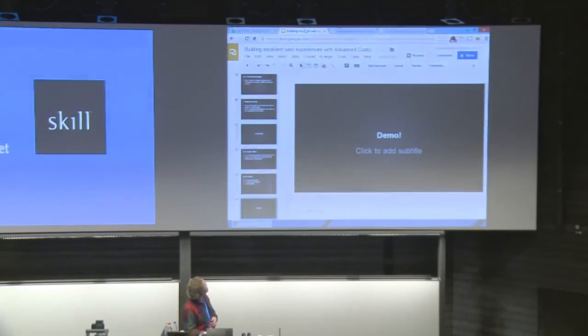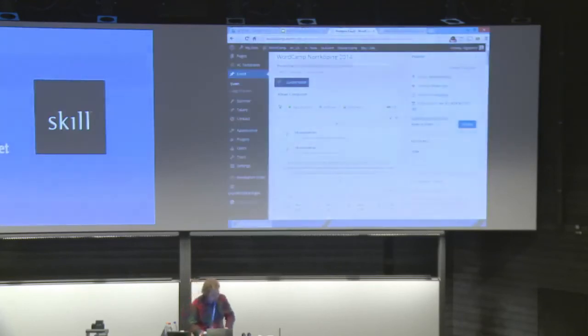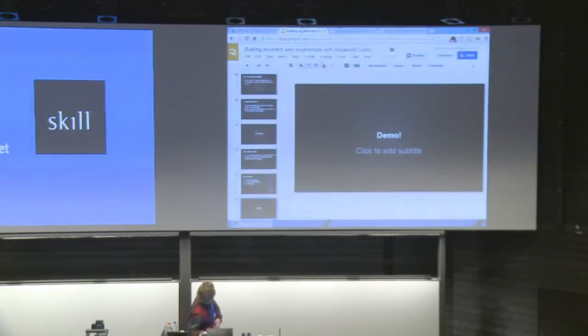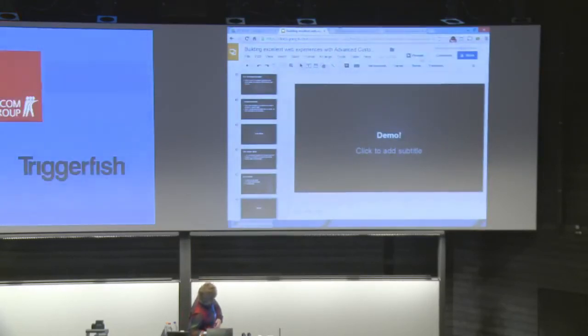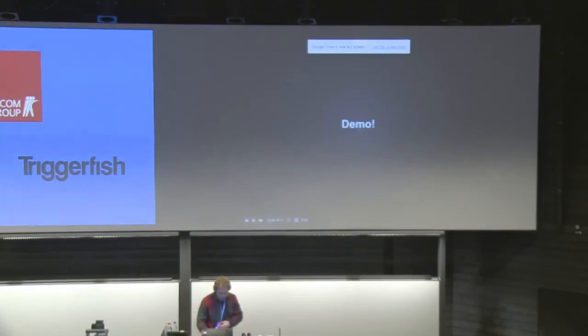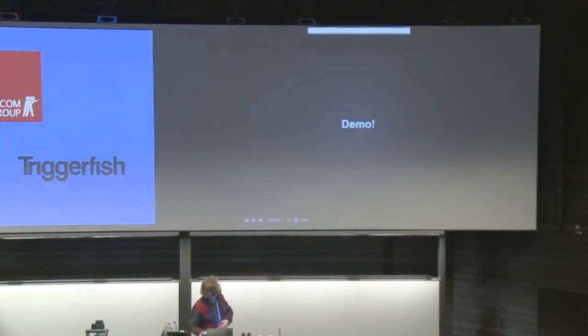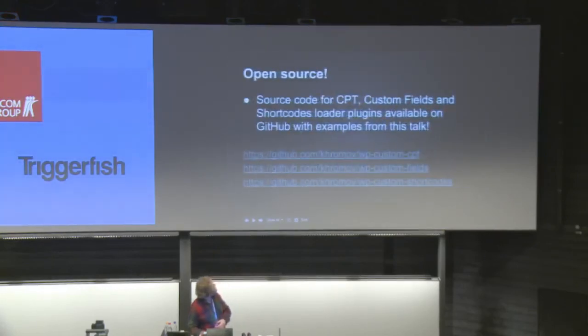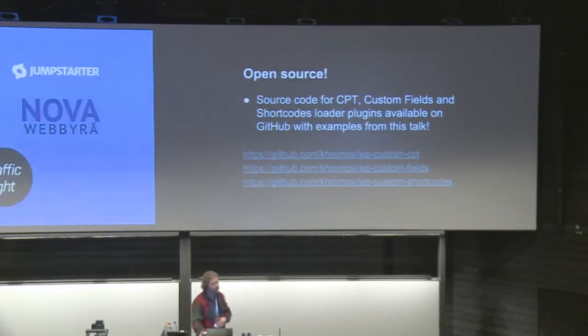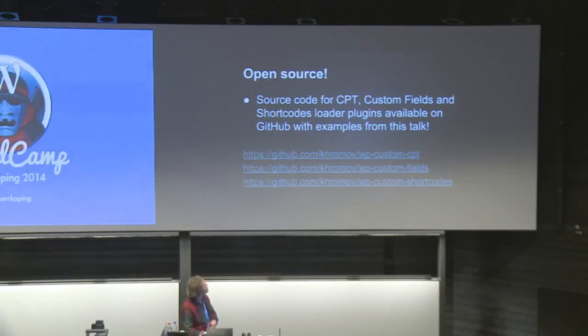So if we go back to the presentation. This is open source. I just pushed everything yesterday. So the source code for the custom post type manager, for the custom fields manager, and for the shortcodes manager, it's all available on GitHub.